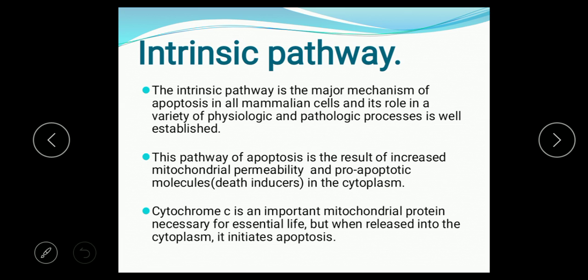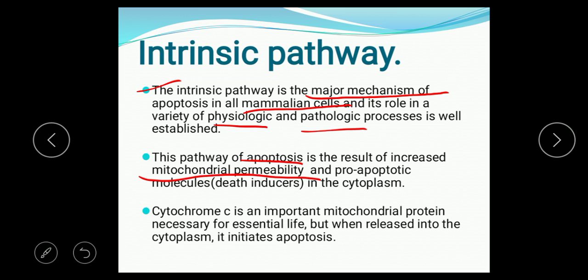Here you can see the intrinsic pathway is the major mechanism of apoptosis in mammalian cells, and its role in a variety of physiological and pathological processes is well established. This pathway of apoptosis is the result of increased mitochondrial permeability.